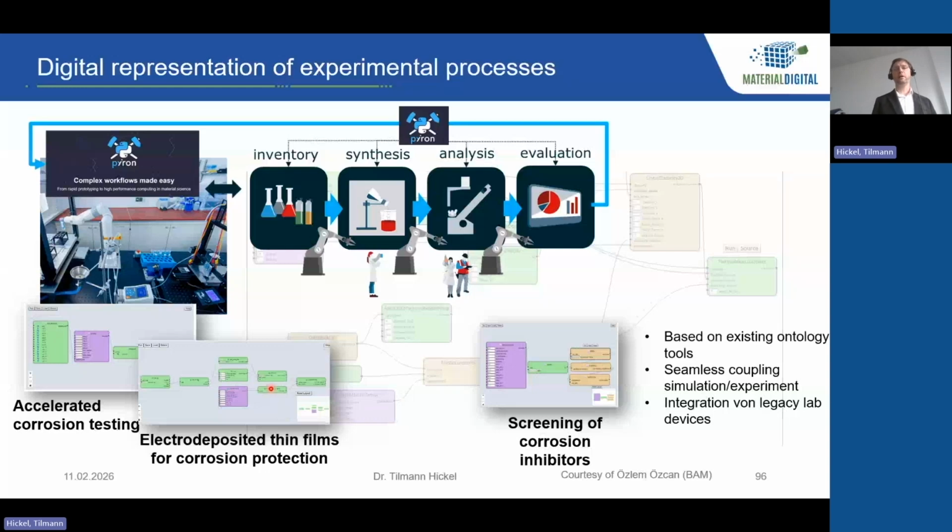So these are slides from my colleague at BAM, Özlem Özcan, who is an expert in self-driving lab technology and materials acceleration platforms, where you try to synthesize materials based on an inventory of chemical elements. You analyze this, you evaluate your analysis, and have this as a feedback loop.